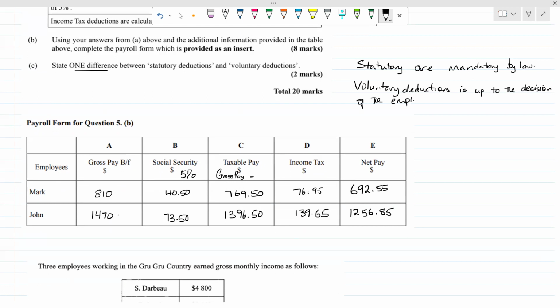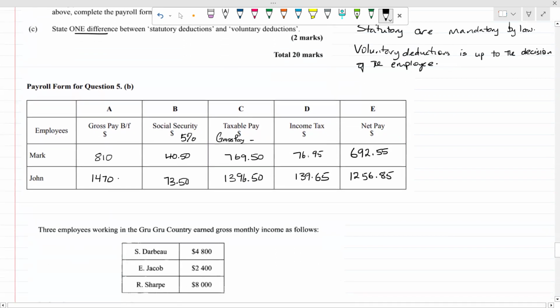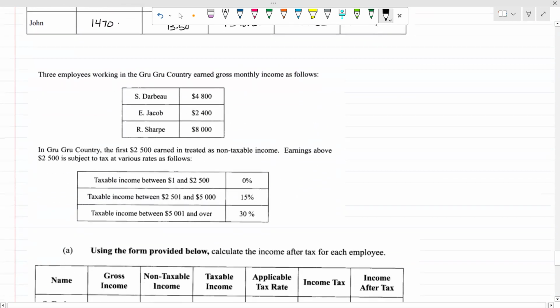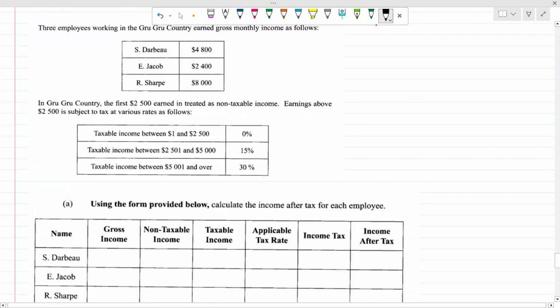They could agree or disagree to have those deductions. If they want to cancel them, they could. They have the option in choosing whether or not they want to include themselves in those deductions. All right.